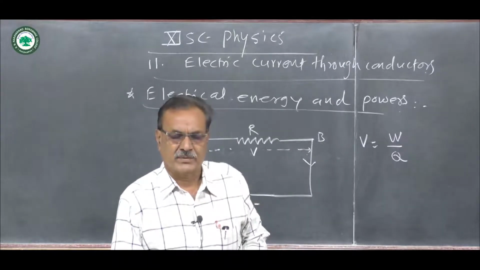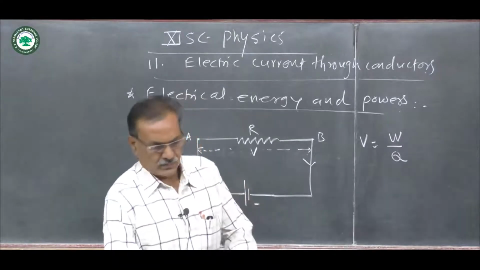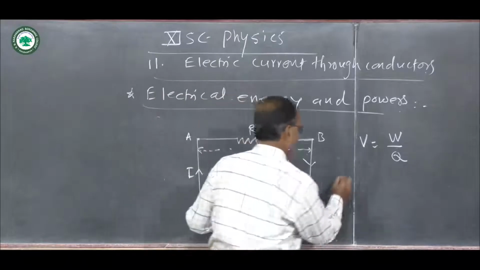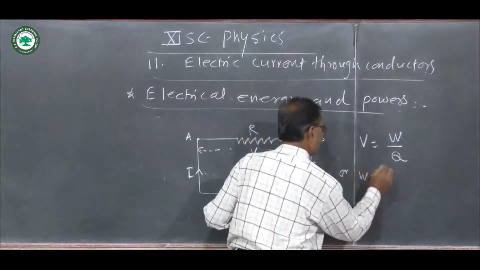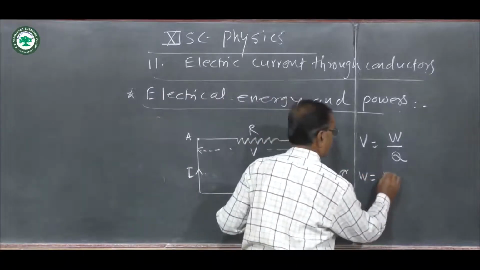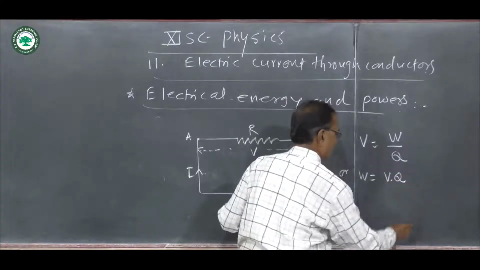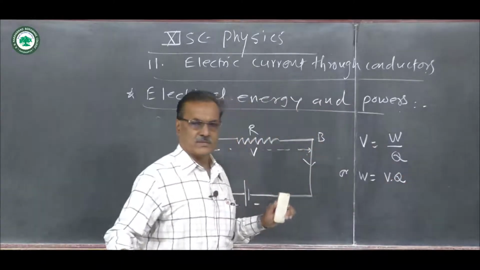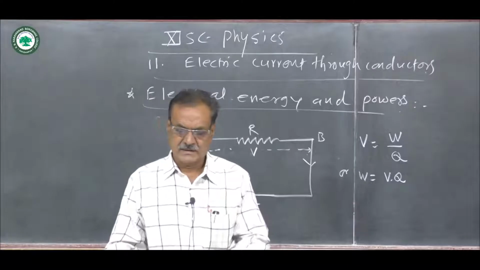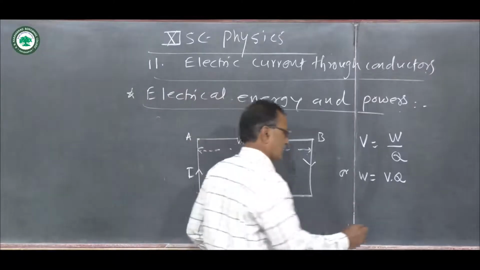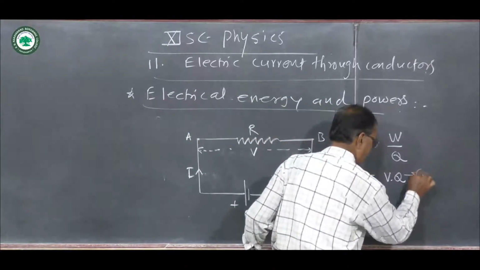That is V equals W by Q, or W is equal to potential phi into charge Q, the product of potential and charge Q. Suppose this is equation number 1.